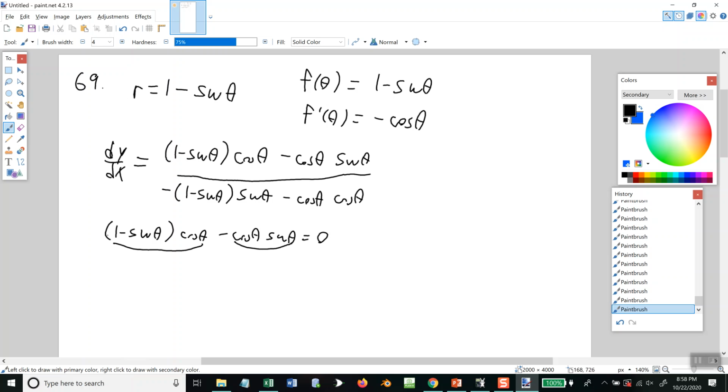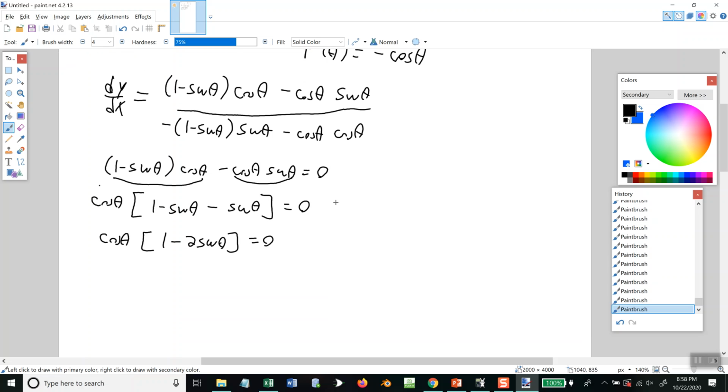They both have a cosine theta in common, so I can factor that out. And that's going to leave me 1 minus sine theta minus sine theta equals 0, which gives me cosine theta times (1 minus 2 sine theta) equals 0.